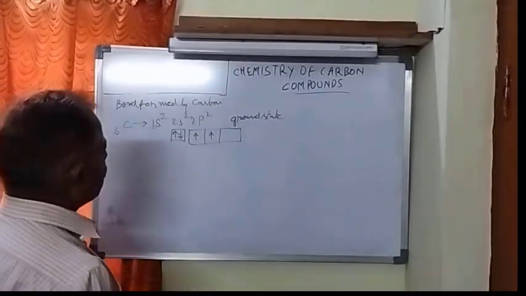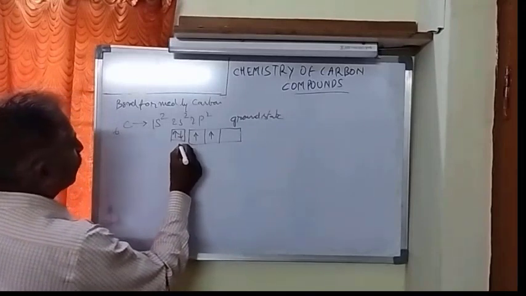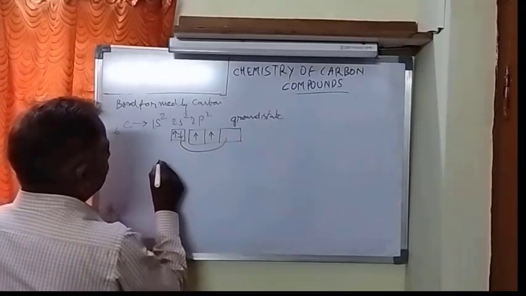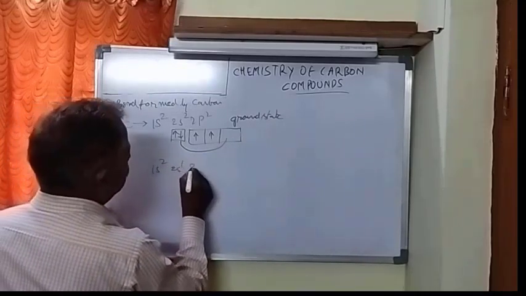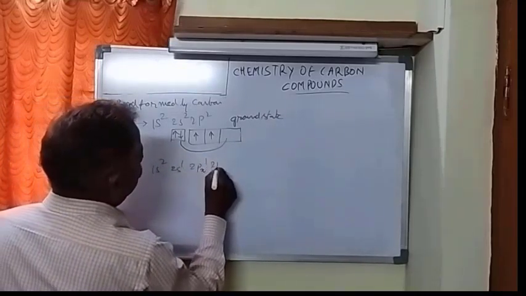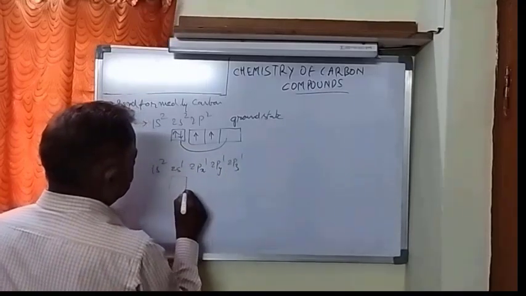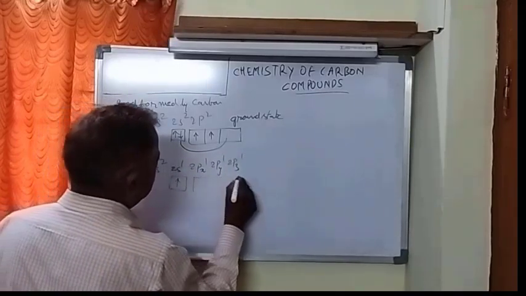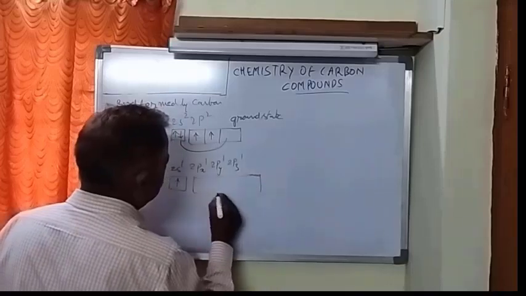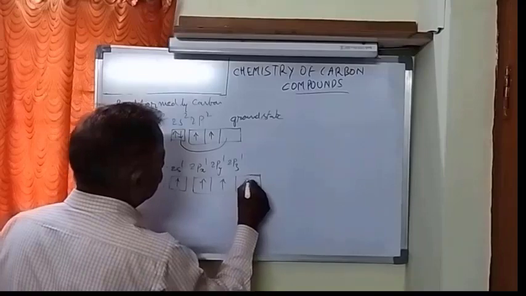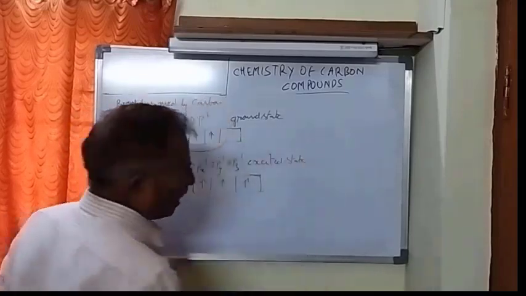But what happens, carbon takes energy and one of the electrons jumps into an empty orbital. So this is 1s2, 2s1, 2px1, 2py1, 2pz1. So this is 1 electron here, and of course this is 3 electrons in 3 empty orbitals. So what is this? This is the excited state.